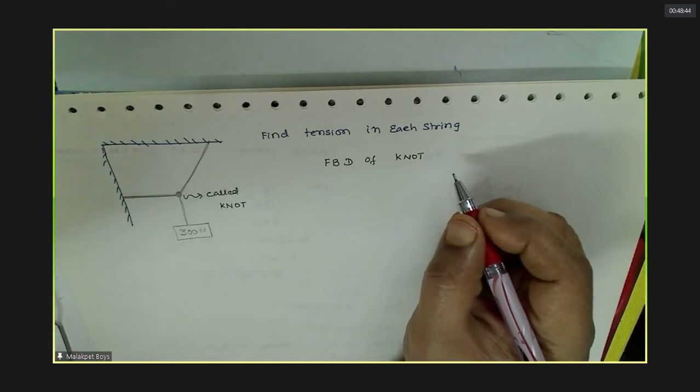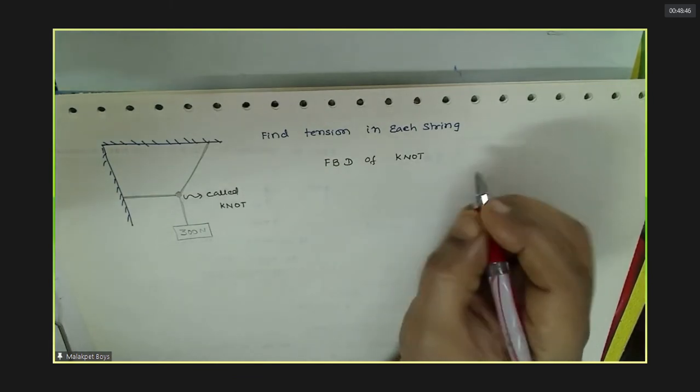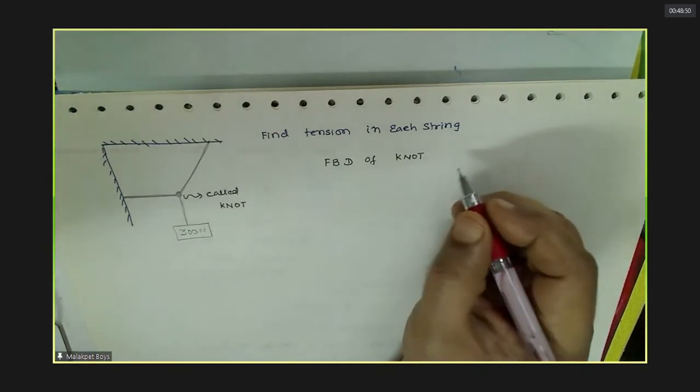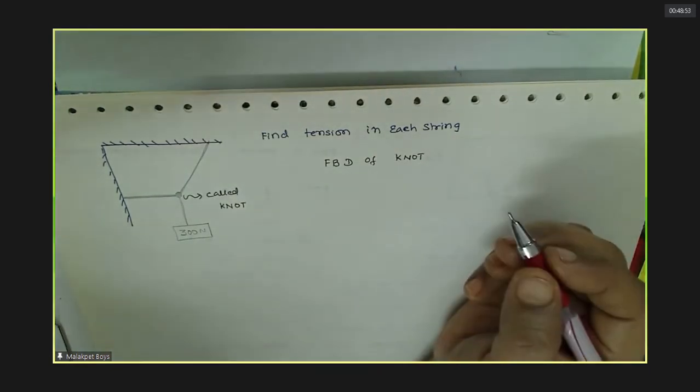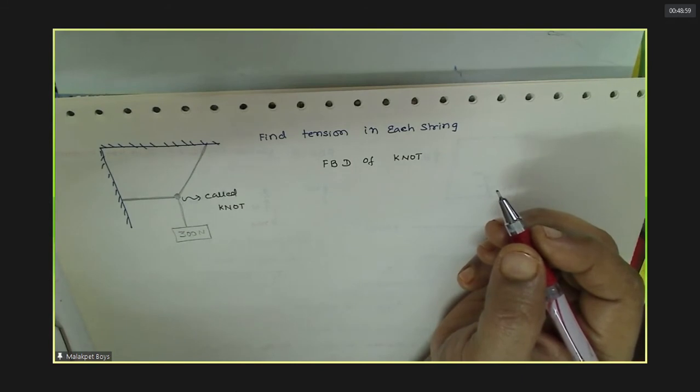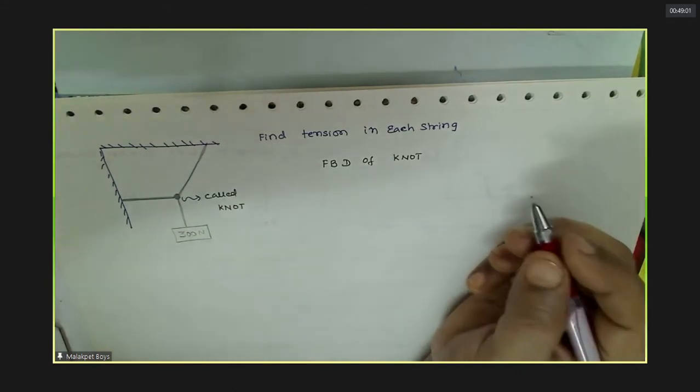Follow this. If nothing is mentioned, it is understood that it is with respect to the inertial frame only. Remember that whenever we are not mentioning anything, it is understood that it is with respect to ground. Ground is nothing but inertial frame only, no?